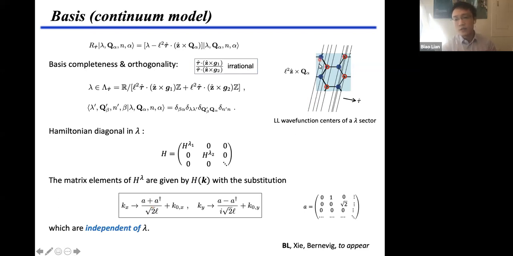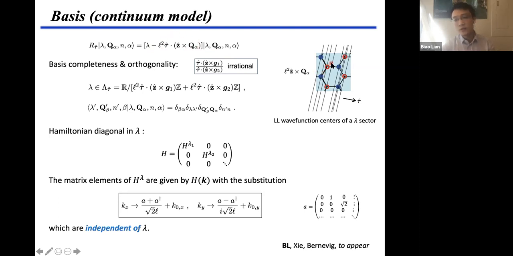Just to understand the basis better in each lambda sector, assume this is a tau direction. The wave functions are located at a fixed R tau for each basis state, but the center of these wave functions depends on where you choose the q.